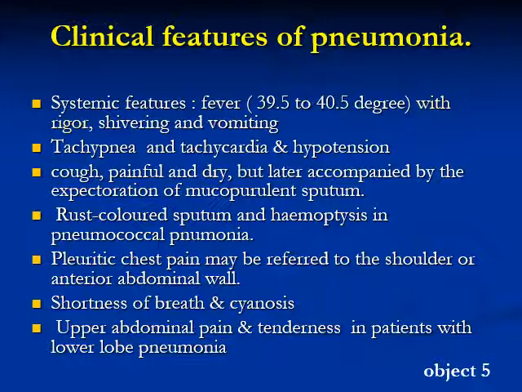The fever, or pyrexia, may reach a very high degree, sometimes 35.5 centigrade or even more than 40 centigrade. The patient may develop rigor, shivering, vomiting, and may even be confused because of the high fever.